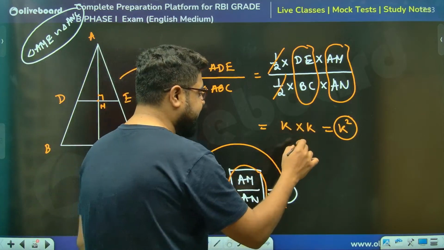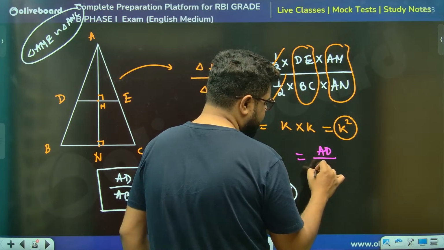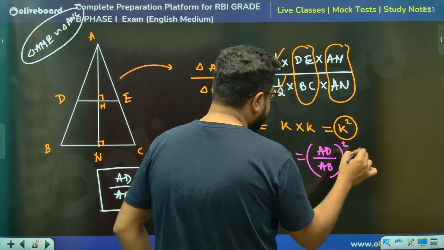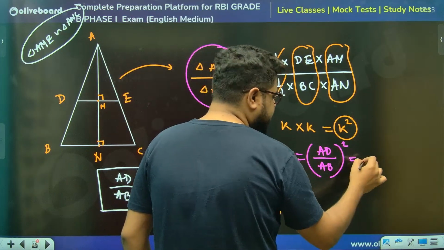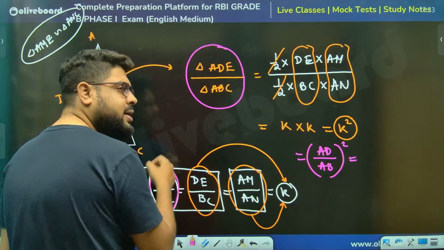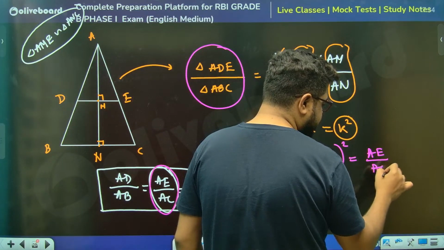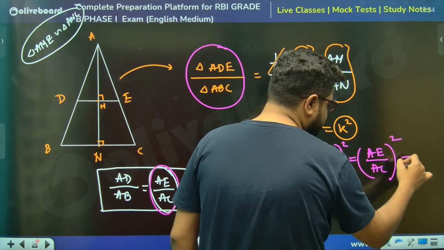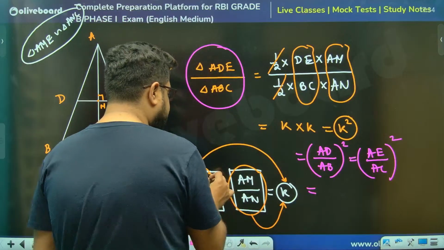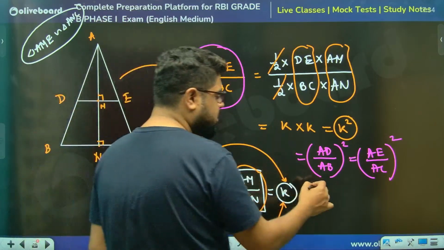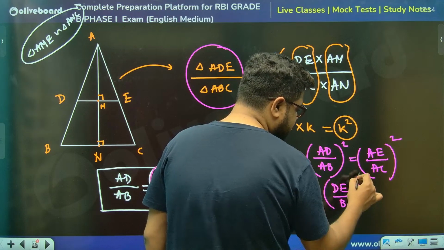So I can conclude anything. I can say AD by AB, take the square, that is the ratio of their areas. Or you have AE by AC, no worries, take the square of that, that will also work. Or DE by BC, that is also K, take the square of that.